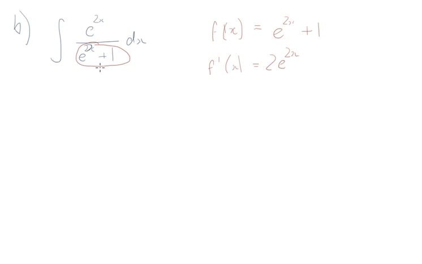So I can make this top here, f dash x, I put a 2 in there. I'm going to put a half out the front to cancel that off. So that then is the form I want for a log. So this is going to be a half log, and it's going to be e to the 2x plus 1 plus c.